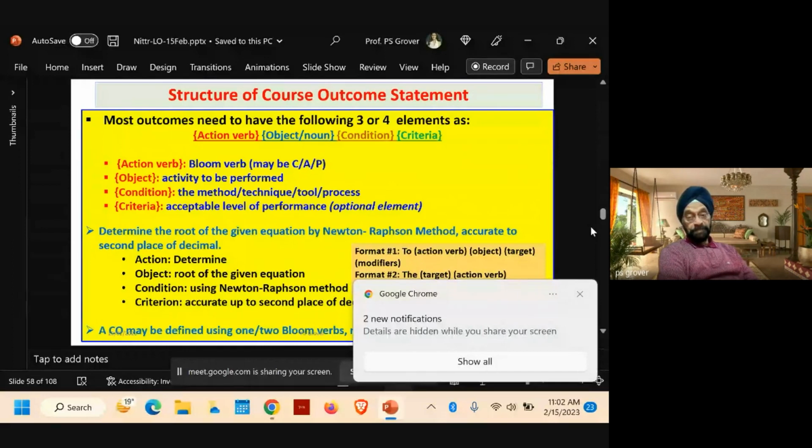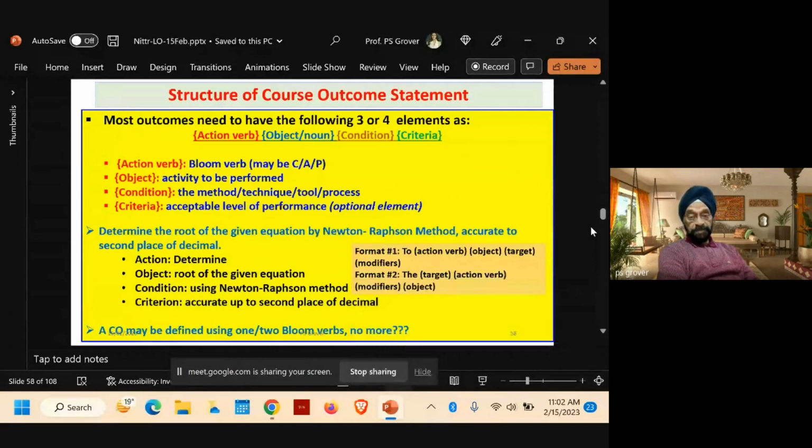When I prepare a statement, the student or the other person should get these things clearly stated and clearly understood.